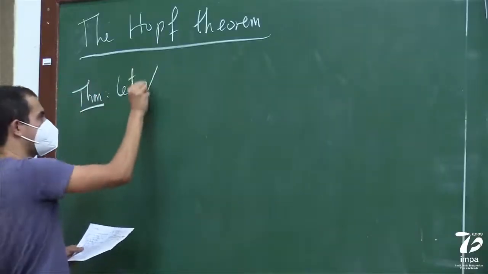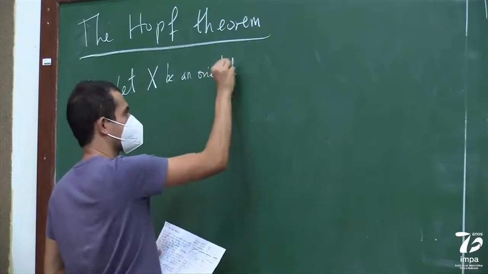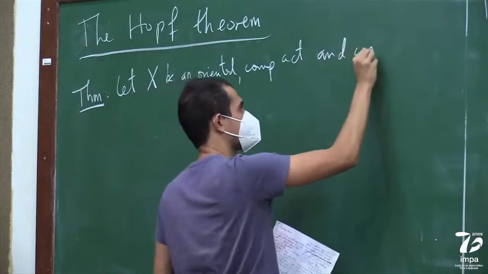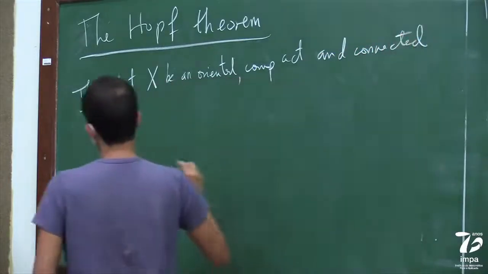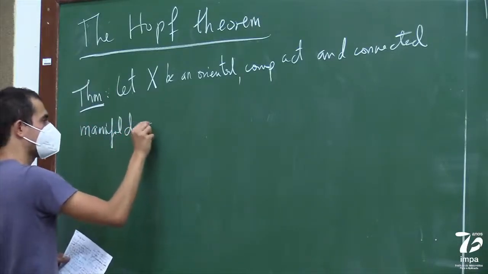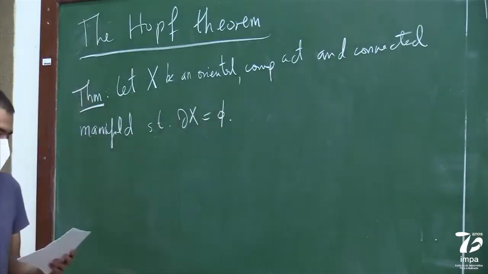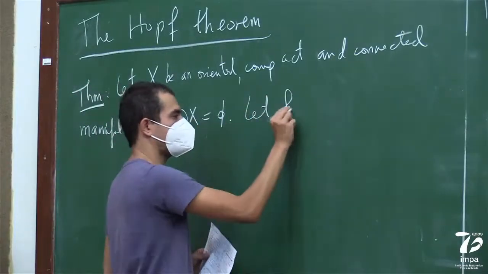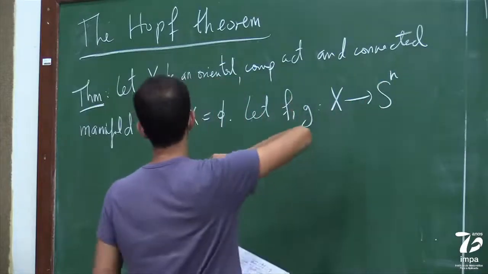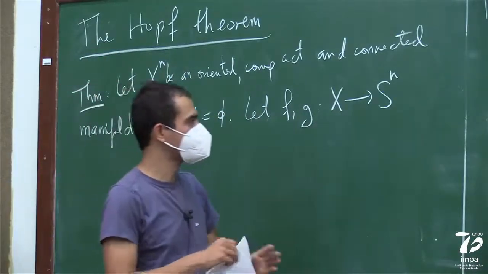So let X be an oriented, compact, and connected manifold with no boundary, so such that the boundary of X is empty, and let F and G be smooth maps from X, of dimension n, into S^n.